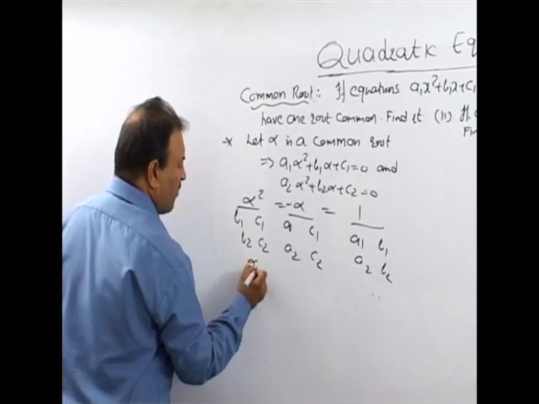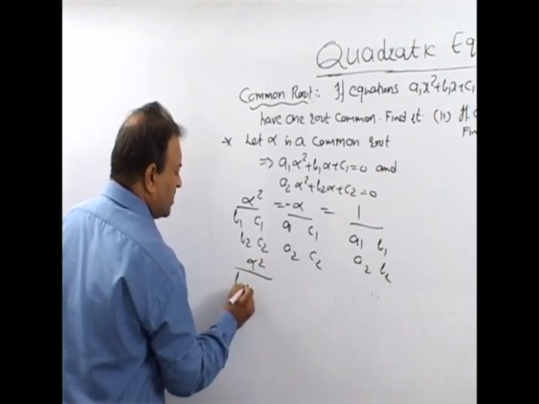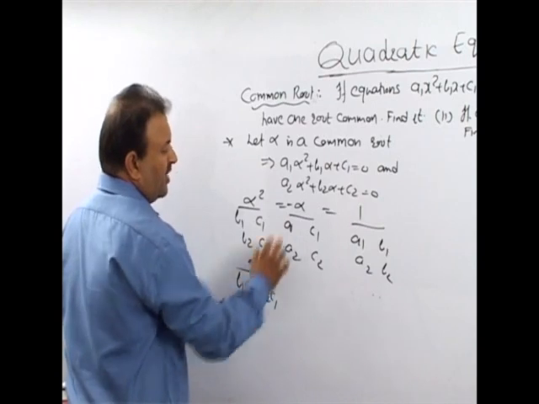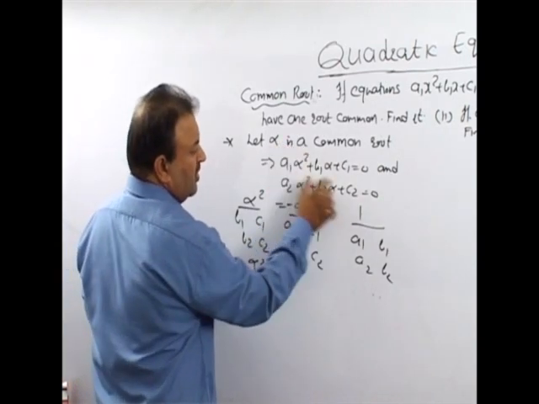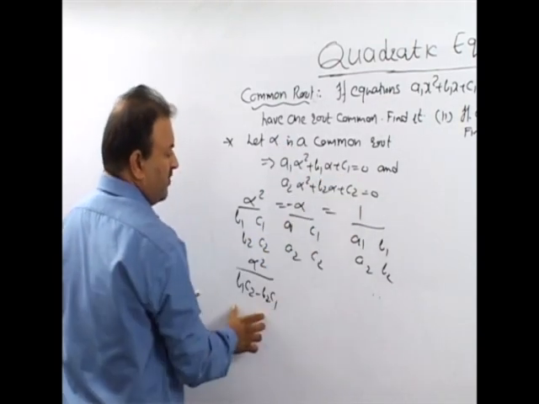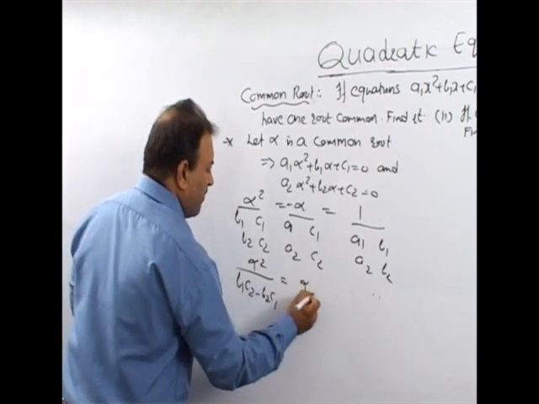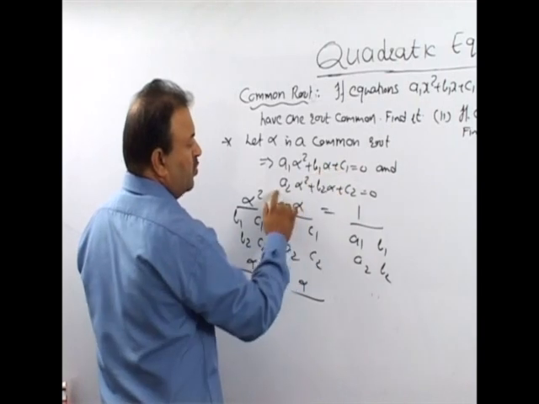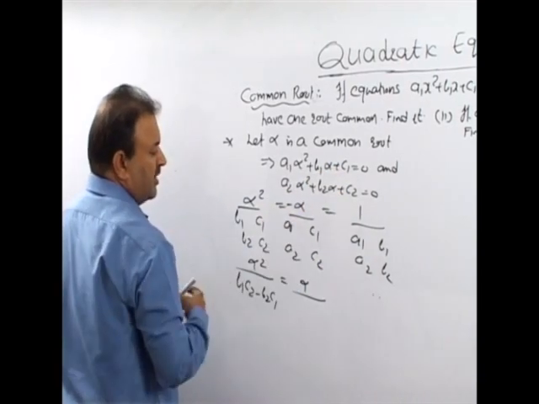Now we'll say alpha square upon b1 c2 minus b2 c1. We can directly write it down: keep your finger on alpha square, b1 c2 minus b2 c1, upon alpha, keep your finger on alpha. First of all you can take it opposite, or you can take it as minus alpha.